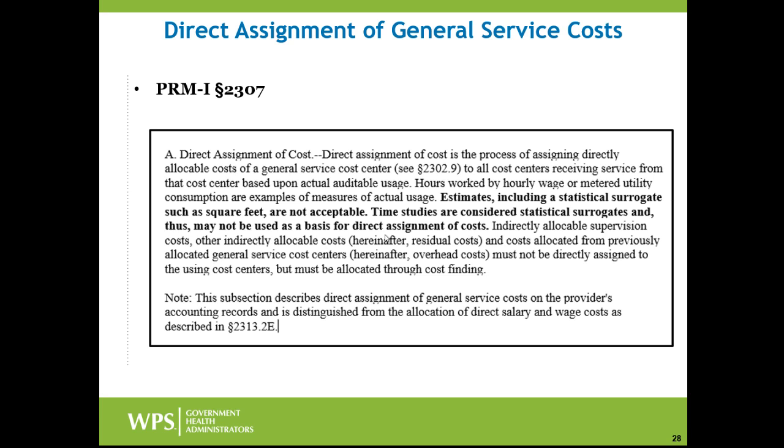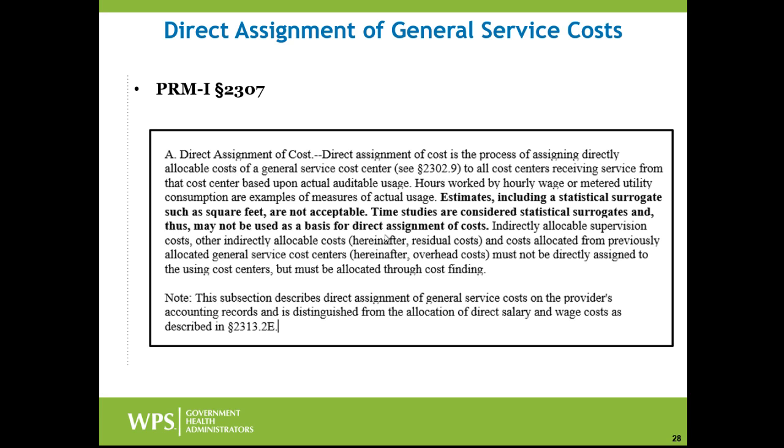In fact, that's how a large chunk of the costs that are already directly assigned to revenue producing cost centers, the salaries, are calculated to begin with. Another example that comes up from time to time would be separately metered utility consumption. Those are all actual usage. Now again, there are other things you could have, but they have to be actual and they have to be auditable.